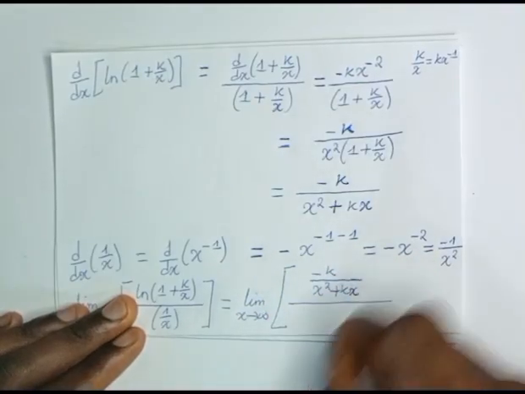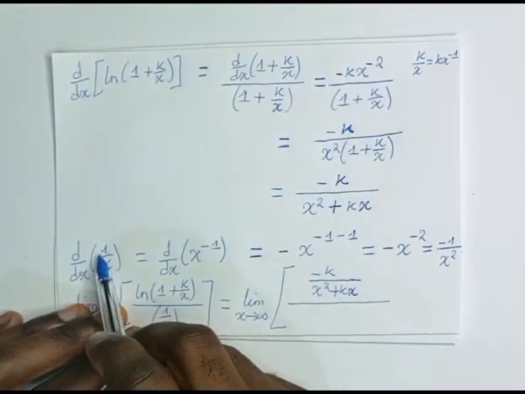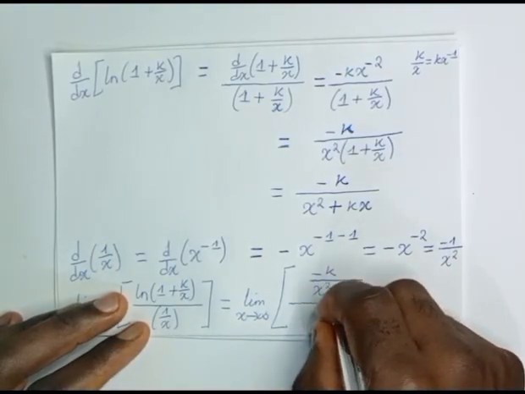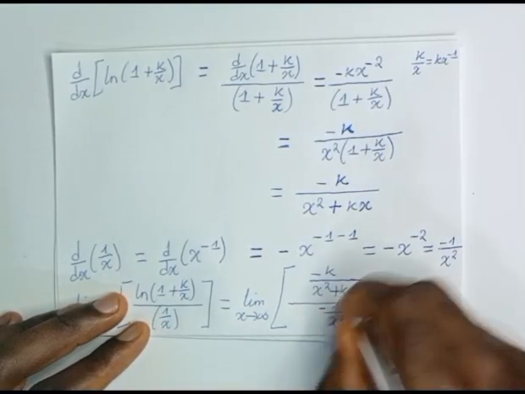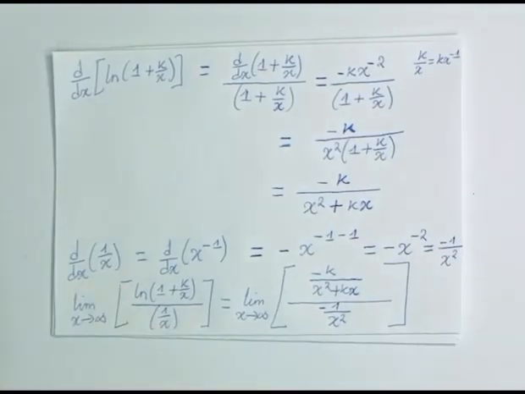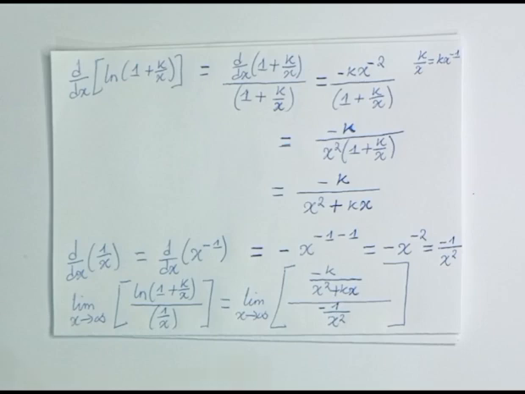Divide this by the derivative of the function we have for the denominator, which is the derivative of 1 over x, which gives us negative 1 all over x squared. This is L'Hopital's rule. Next, we have to simplify, then we find this limit.